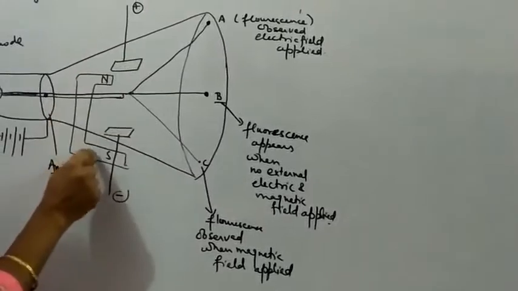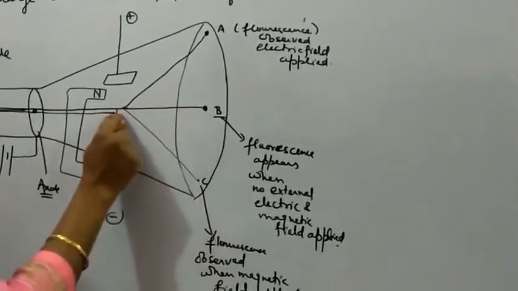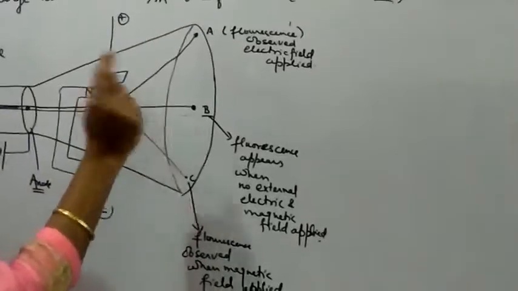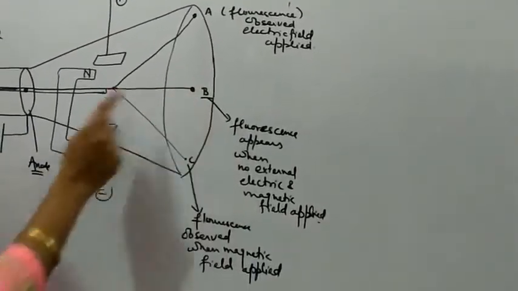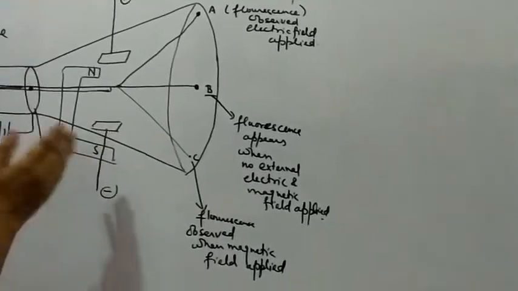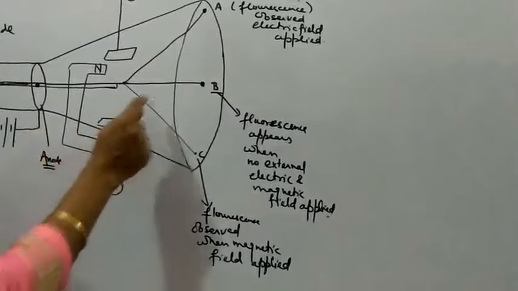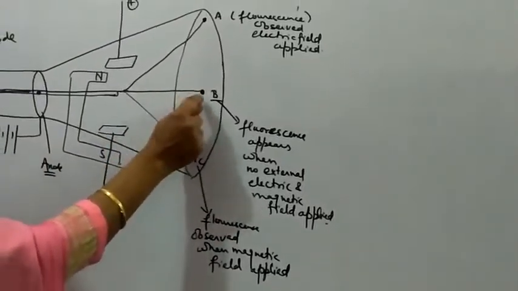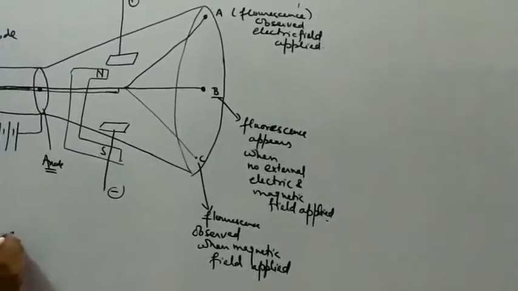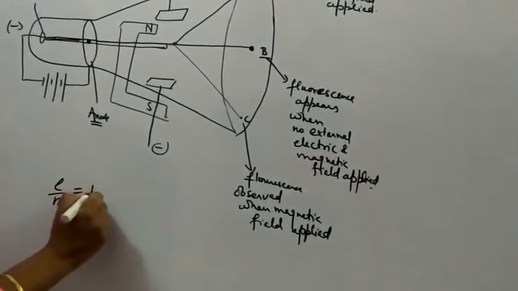The electric field and magnetic field were adjusted in such a way that the cathode ray again strikes at point B. Right. So by adjusting the external electric field and magnetic field in such a way that the cathode ray again strikes at point B, he determined the charge to mass ratio.